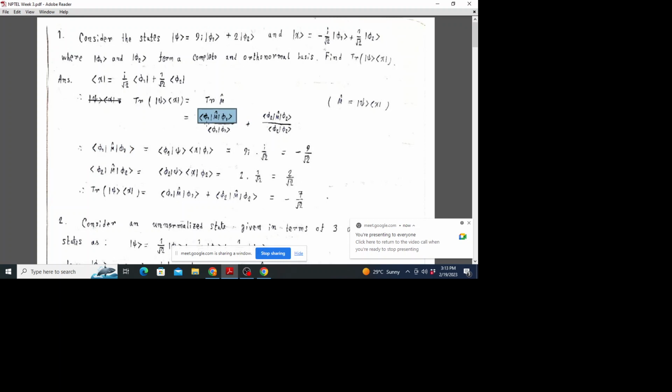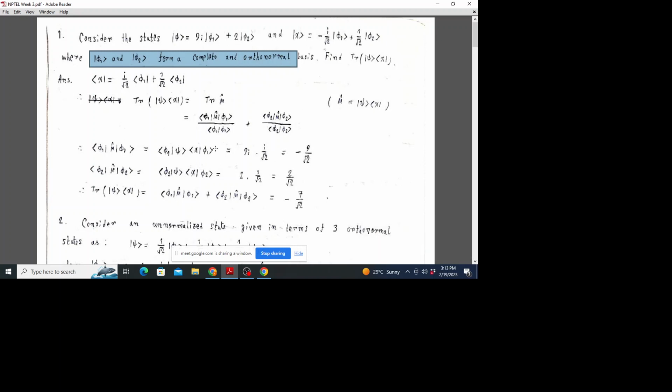The denominator is already 1 because we are told that phi 1 and phi 2 form an orthonormal basis, so phi 1 and phi 2 are already normalized. So the denominators are 1 in both cases. We need to worry only about the numerators. In the first case the numerator is given like this, and now just find the two inner products and multiply them.